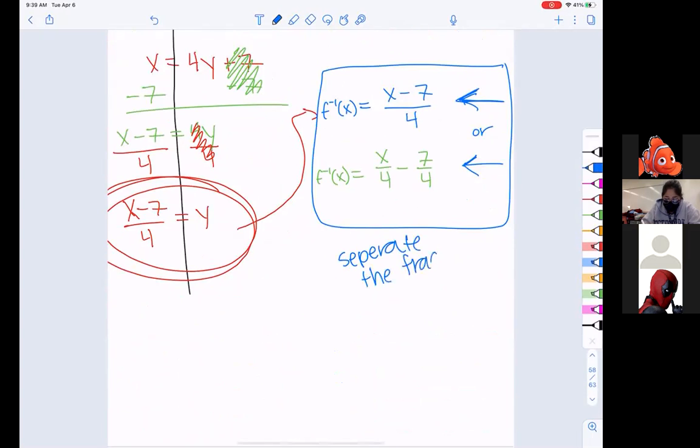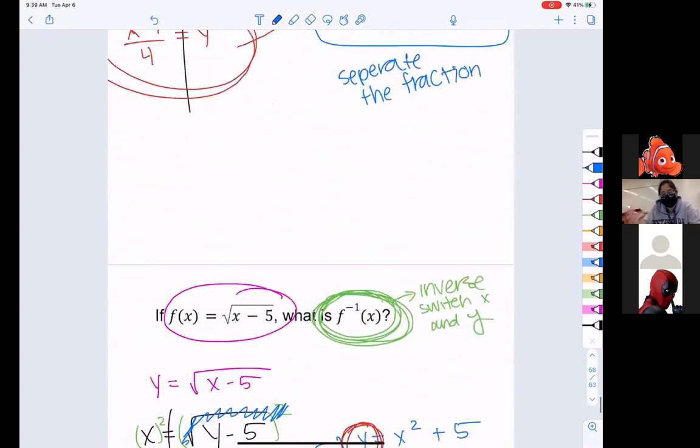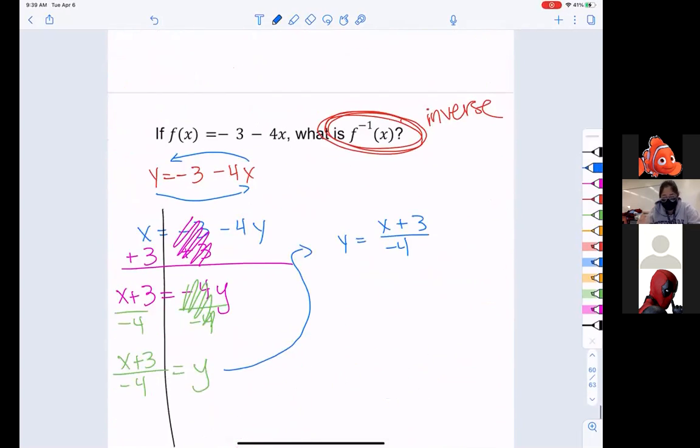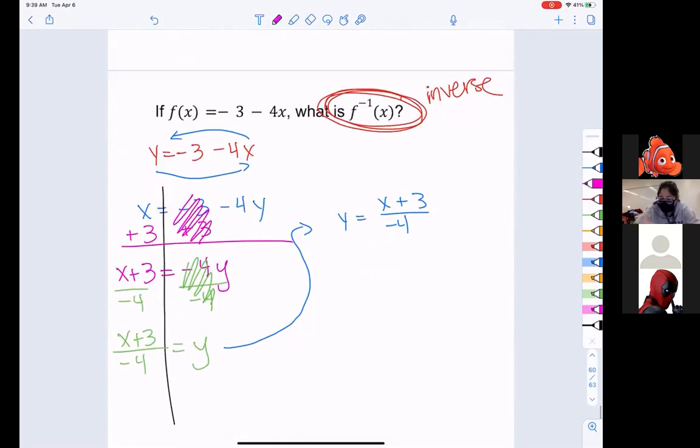Separate. Very good. Separate. I mean, the fraction. Okay, you got it. I knew what you were thinking. I could hear it in your voice. All right, so when we separate the fraction, this one you have to separate. So this may be an answer choice. It's very rare that they have a negative on the bottom because it's not proper math. You don't ever want a negative on the bottom.